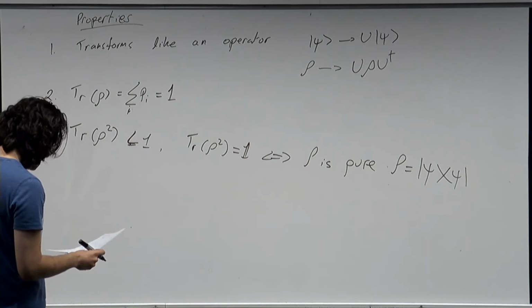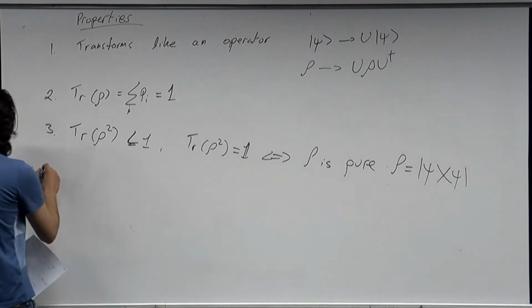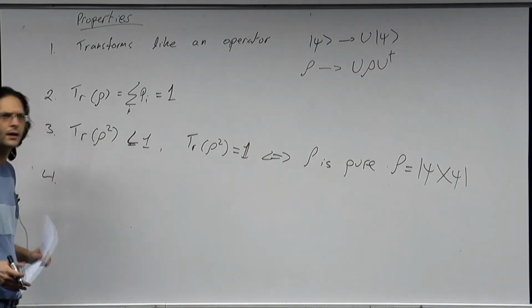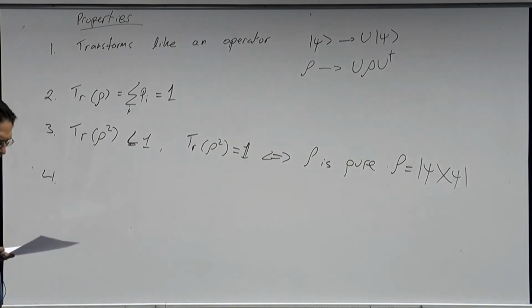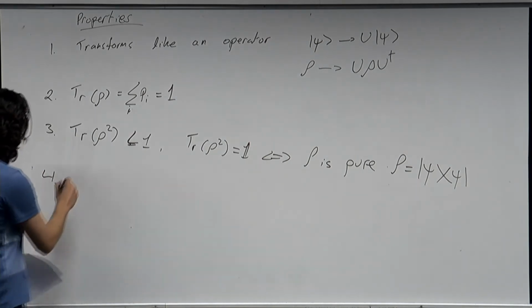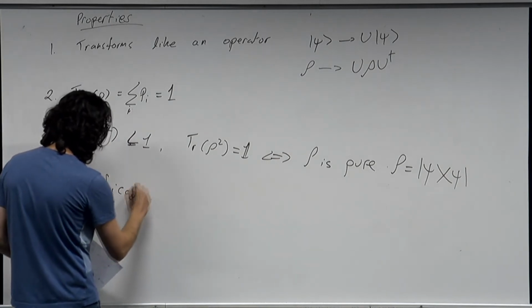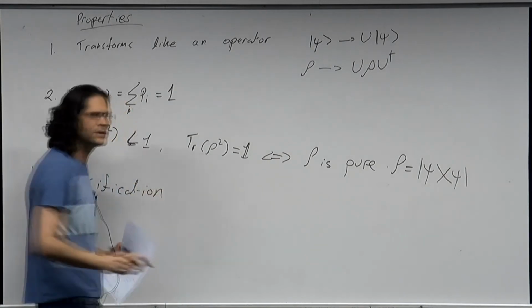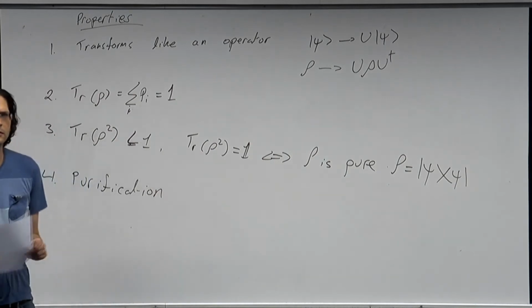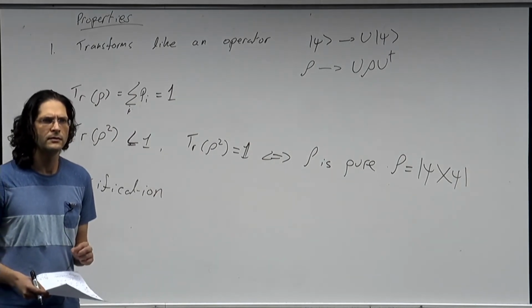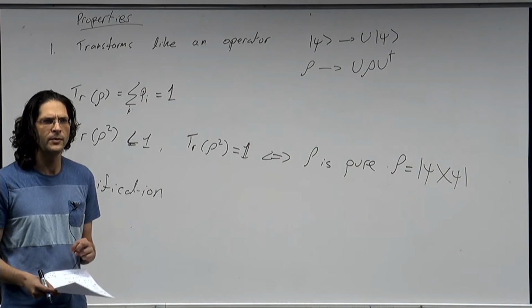The fourth thing I want to talk about is maybe a property that you don't know about, and this is called purification. Does anyone know what purification is? Ever heard of that property? Anyone? No. Okay.